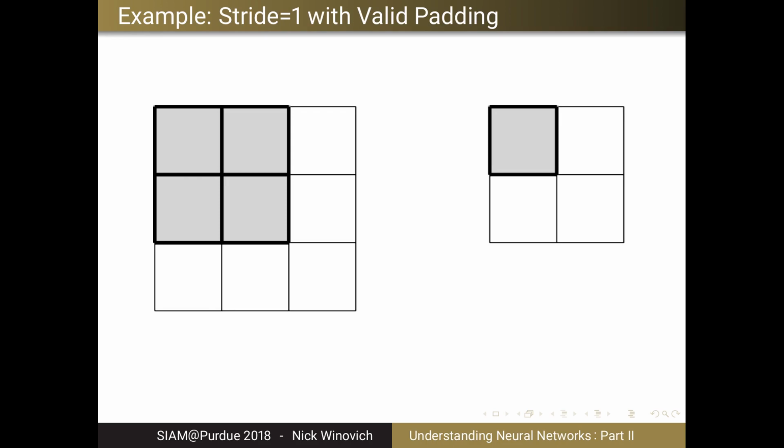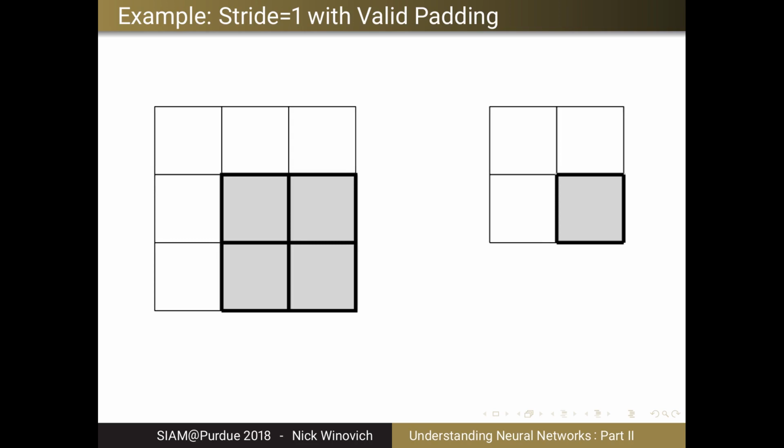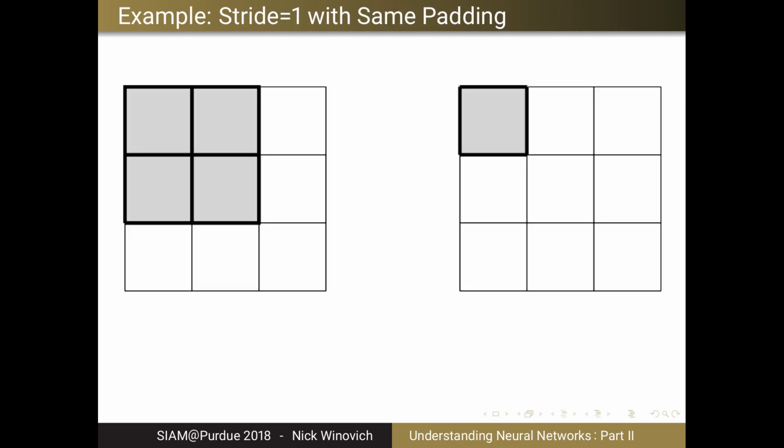With valid padding, we'll start off, we'll move over, and then we'll realize that if we kept moving over one more position, we would run off the edge. So in the valid padding scheme, that would not be admissible, so we'll return over to the next row. We'll do the same process, and once we reach this, we realize that we cannot go over to the side, nor can we go down, so we are finished, and the resulting array has a smaller size as a consequence of this. So we have a 2x2 array produced because we couldn't run over the edges.